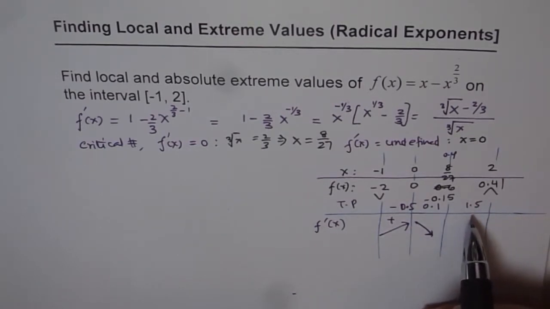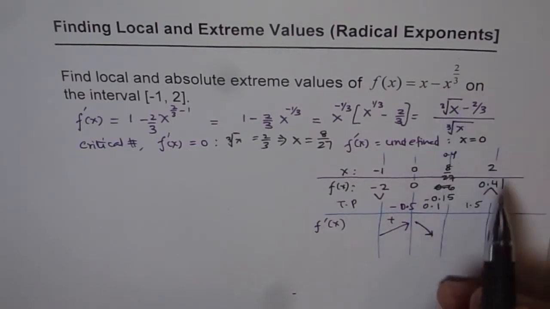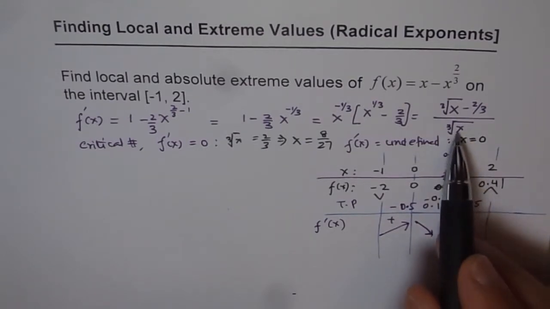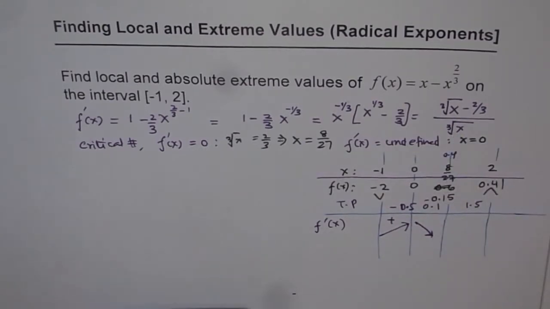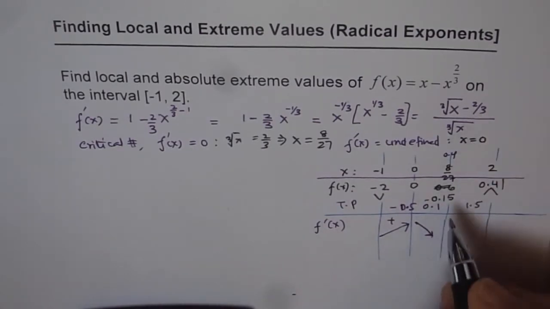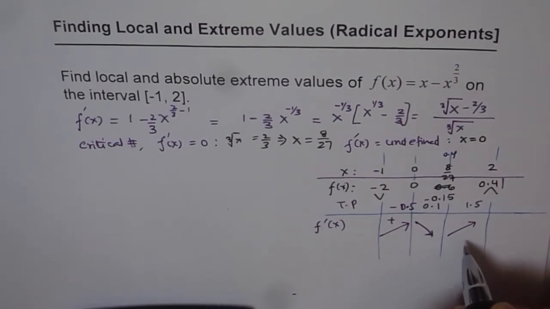Now if I put in 1.5, we know 1.5 is positive, so the denominator is positive, and the cube root of 1.5 is 1.14, minus 2 over 3, so we get a positive value. Since it is a positive value, the function is increasing.